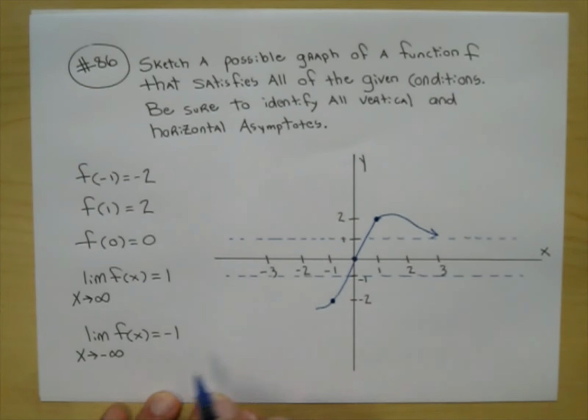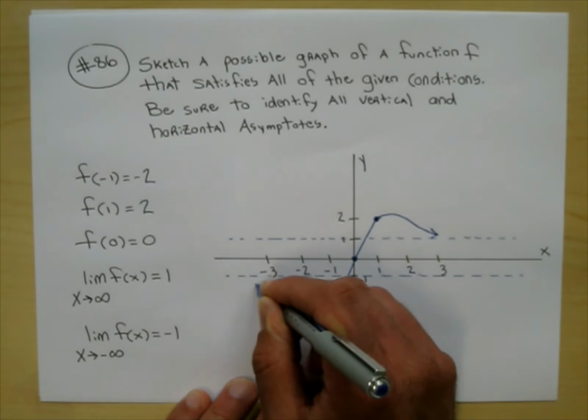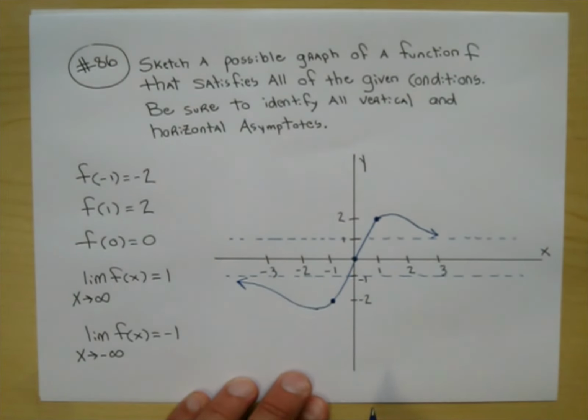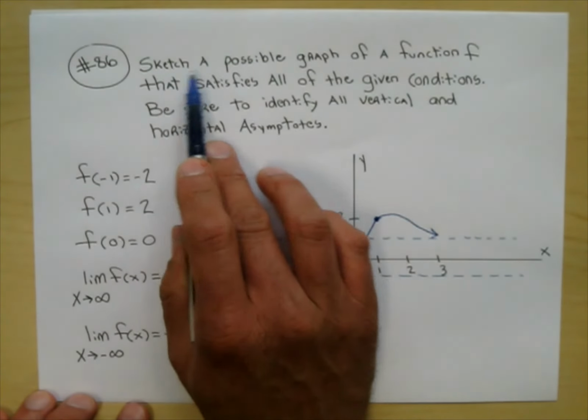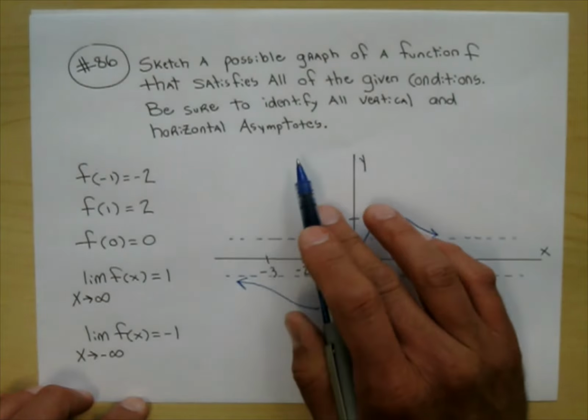And then the limit as x approaches -infinity, so as you're going to the left, you're going to end up getting close to -1 for your altitude, for your y value. So we'll go like that. There are many possible answers. That's why they say sketch a possible graph. We better identify vertical and horizontal asymptotes.